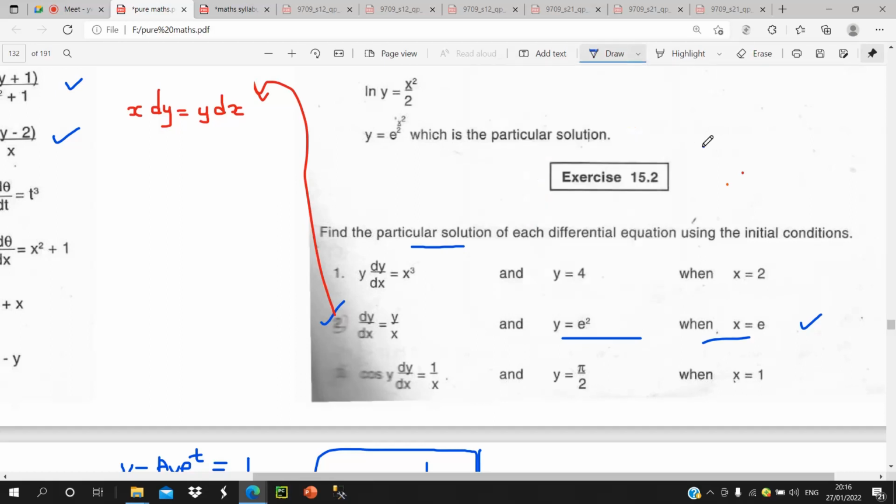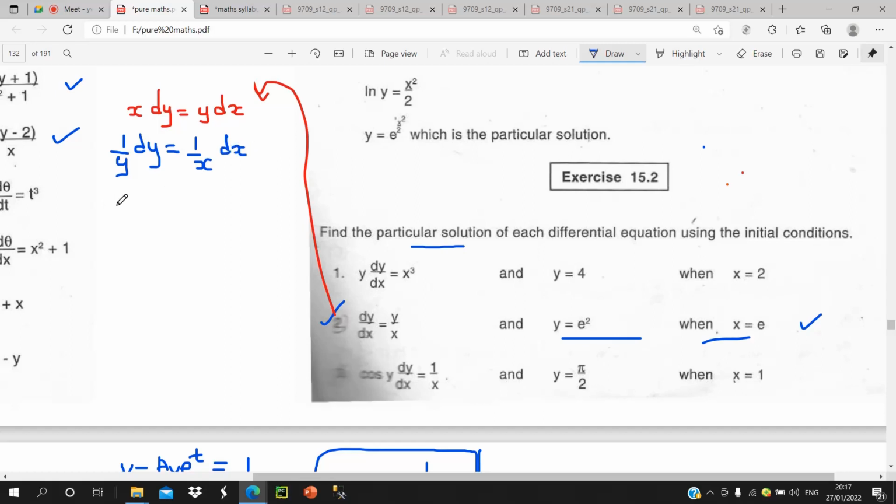Divide both sides by x and y, so that on this side you remain with 1 over y dy, right? Yes. And this side you have 1 over x dx, right? Yes.